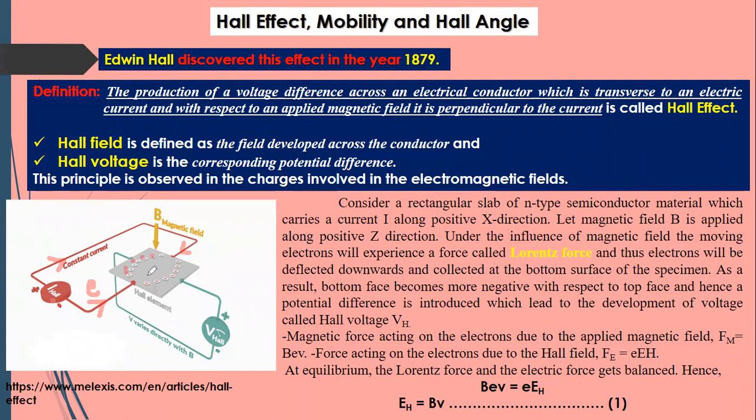In the absence of magnetic field, the conduction electrons drift with a velocity in the negative x direction. That electron travels toward the negative x direction.